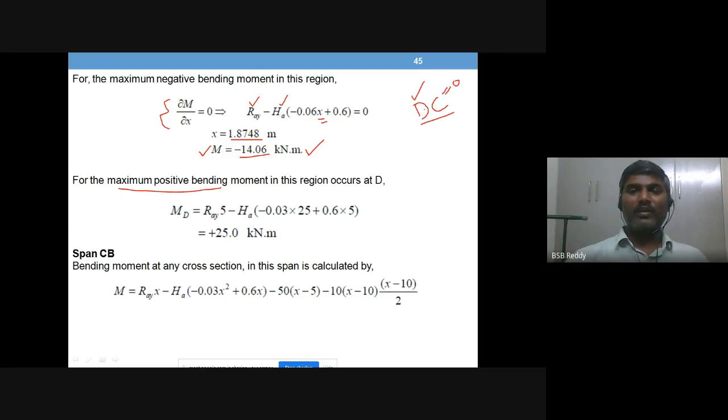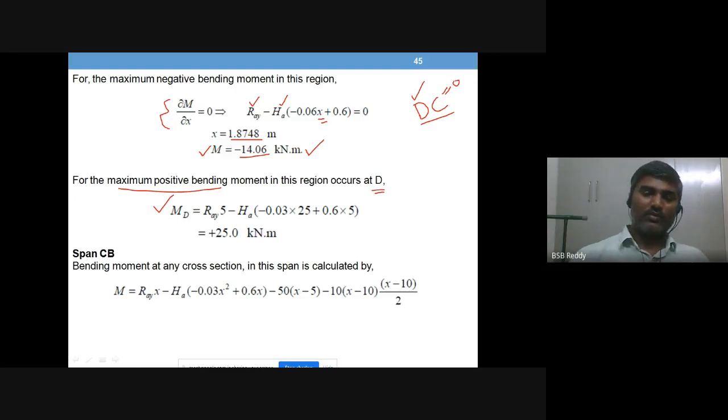At D you have a point load and there is no load between C and D, and hence we conclude that point D has the maximum bending moment, and you can find it by taking moments at D.